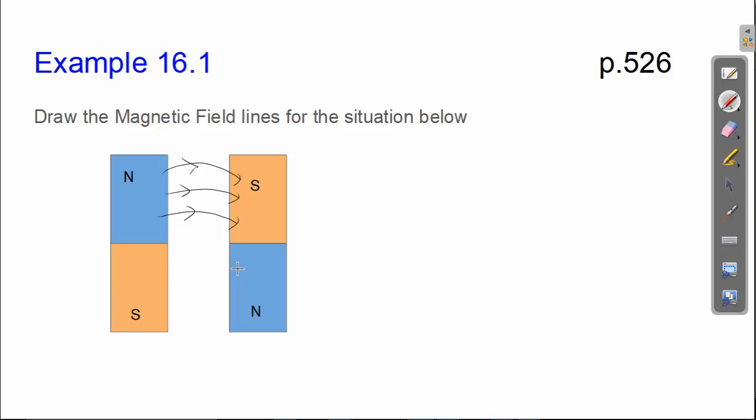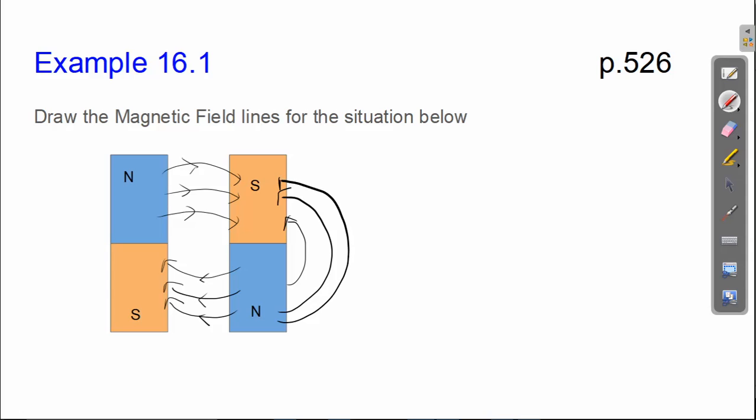Now, for the other half of the magnet, you have to do it the other way because the North Pole is at the bottom right here, going that way. Big arrows everywhere. Now, remember that you still have a magnet on both sides of this drawing. So, going out of the north, going into the south, as many going out as coming in.